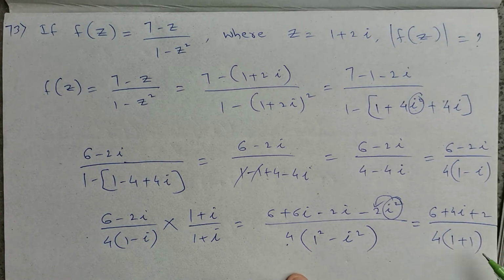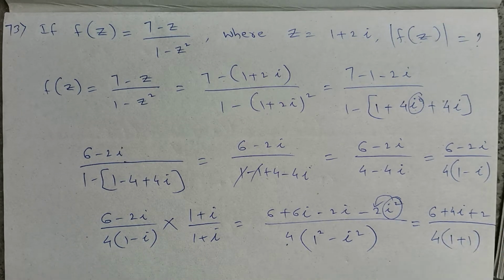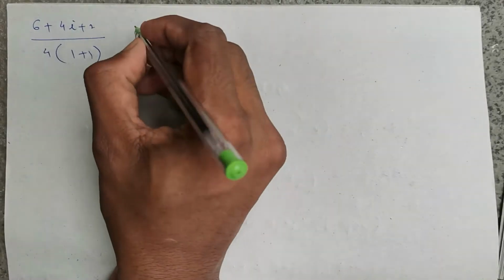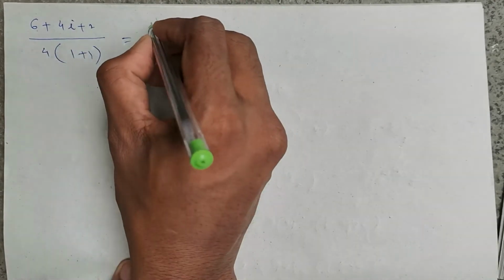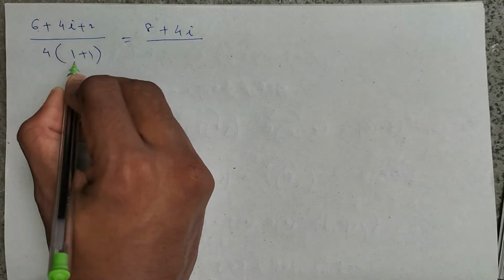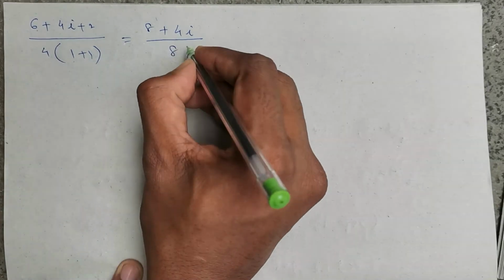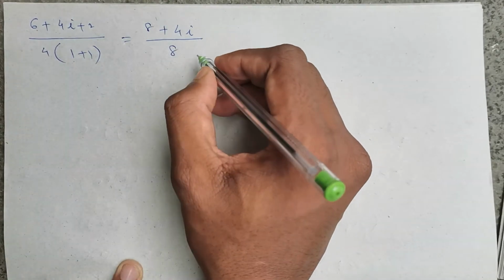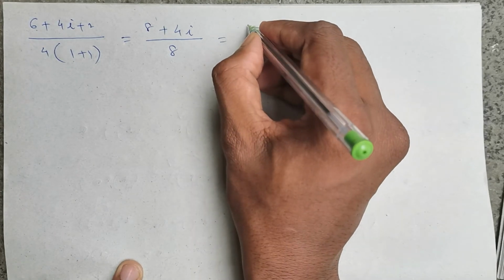So in the numerator we have 6 plus 4i plus 2 divided by 4 into (1 plus 1). If we simplify the numerator, 6 plus 2 is 8, plus 4i, divided by 1 plus 1 is 2, 4 twos are 8. Now from the numerator as well as from the denominator I will take out 4 common.